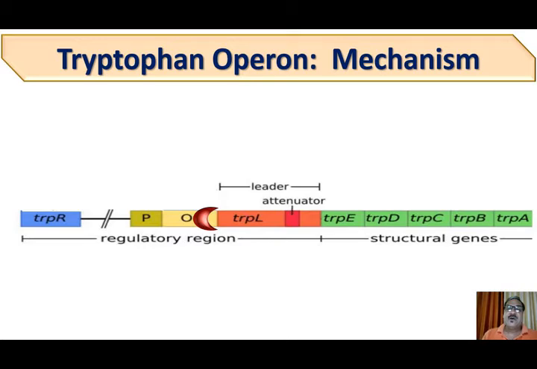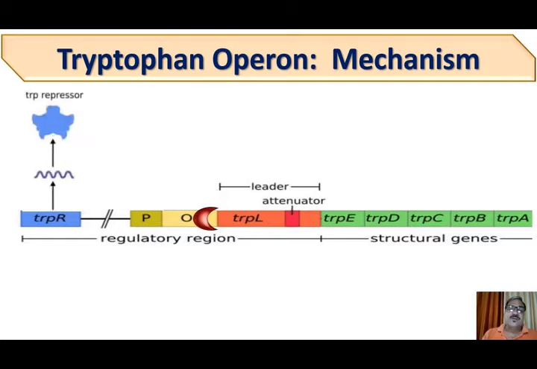That is, when tryptophan is present in the medium, it binds to the tryptophan repressor and induces a conformational change in that protein, enabling it to bind to the tryptophan operator and prevent transcription.